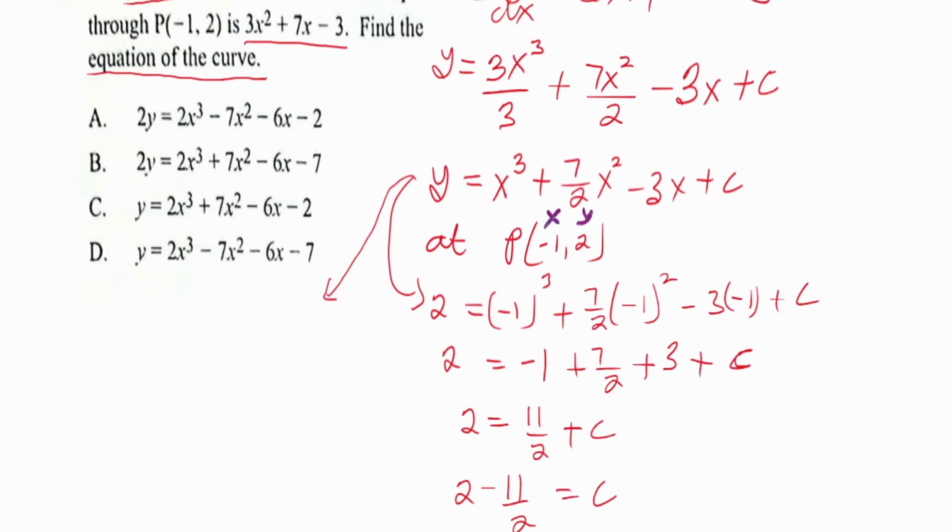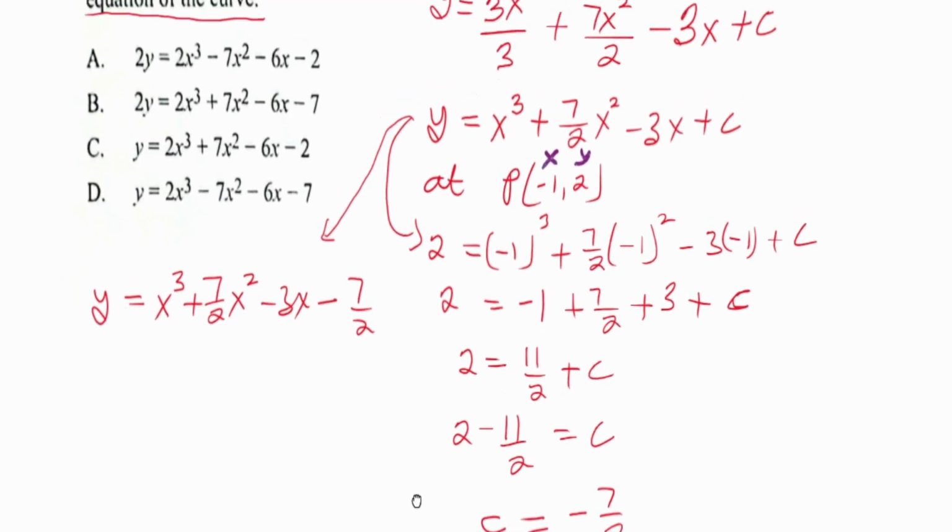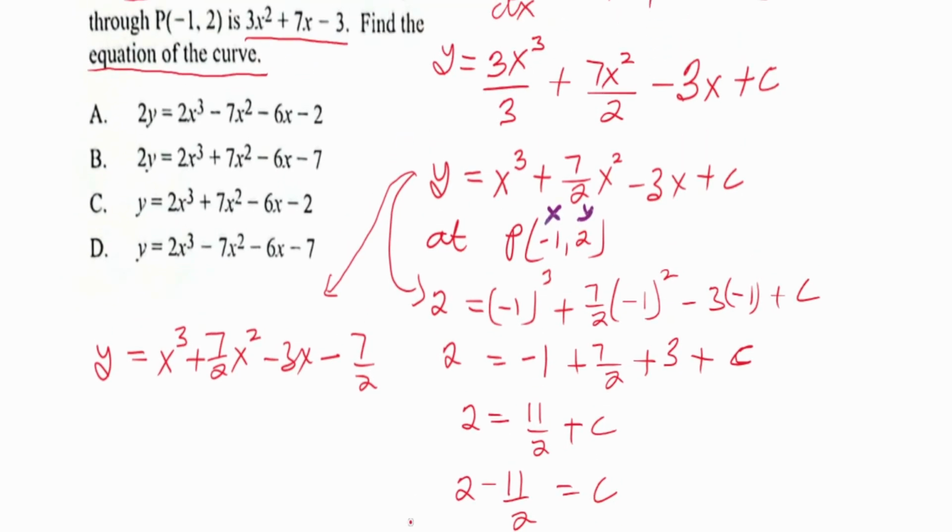So now the equation of the curve becomes y equals x cubed plus 7 over 2 x squared minus 3x, then minus 7 over 2, because remember we got c to be equal to negative 7 over 2. That is what I'm using to replace this c here.